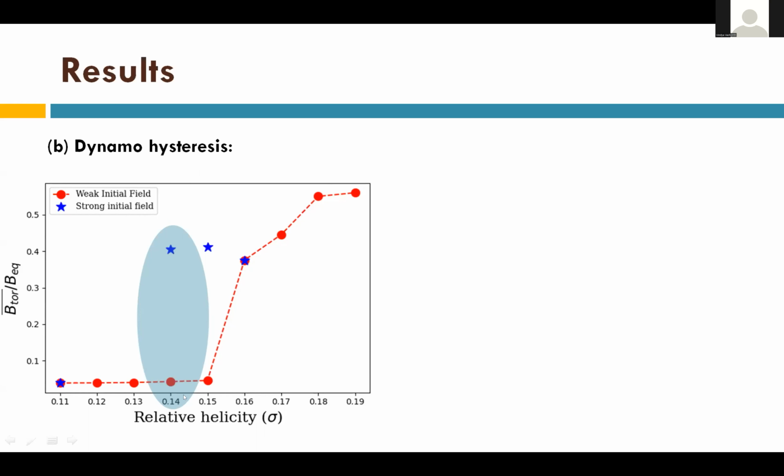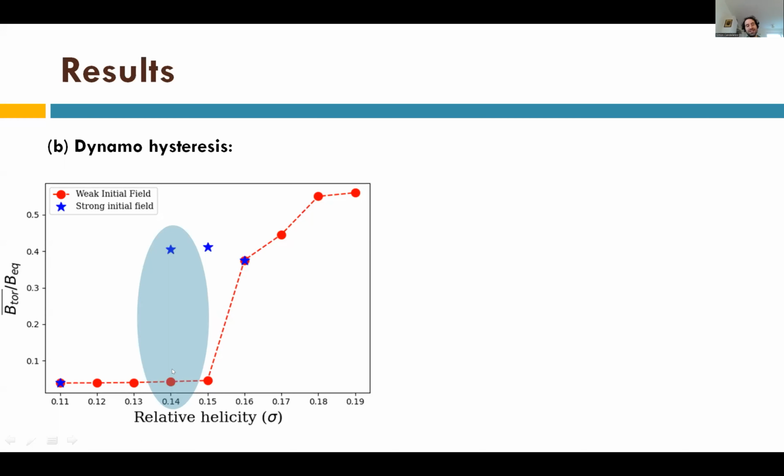So if we give the output of this field as the input, the dynamo would also decay, because the output is also decaying. If that decaying field will be the seed of the next run, it will also decay. It will act as a weak initial field only.